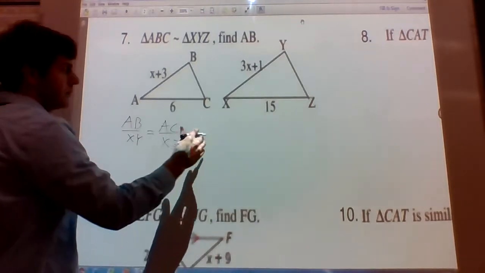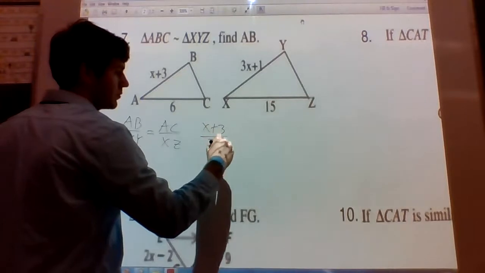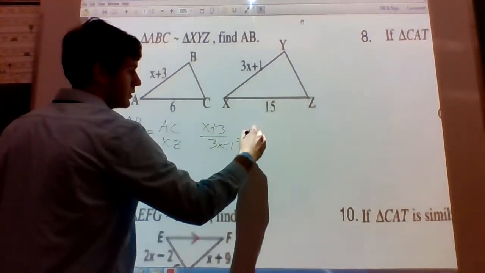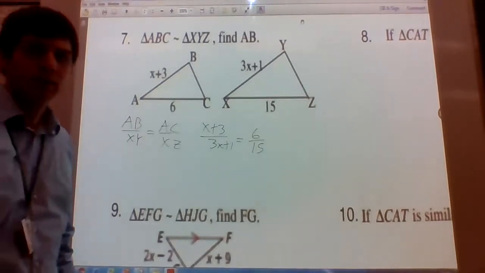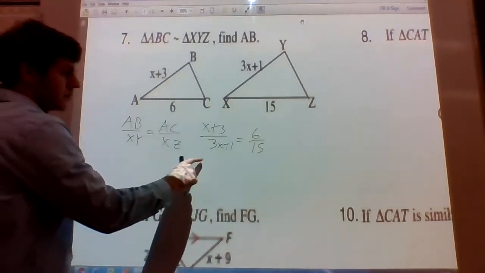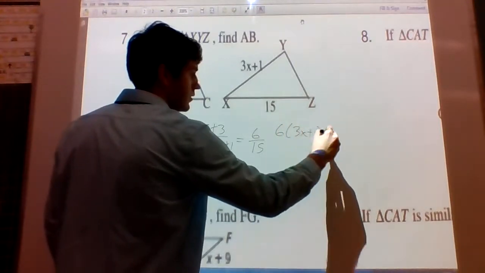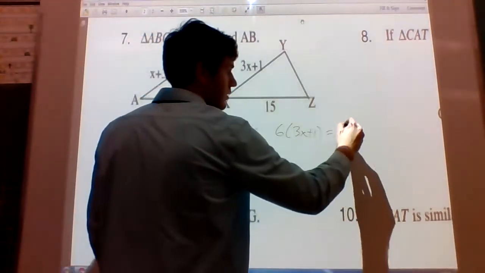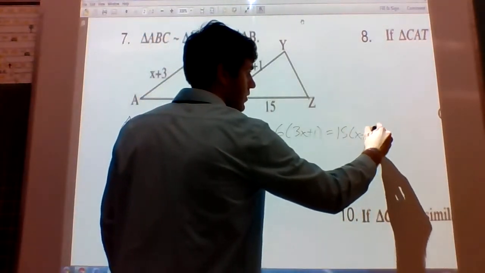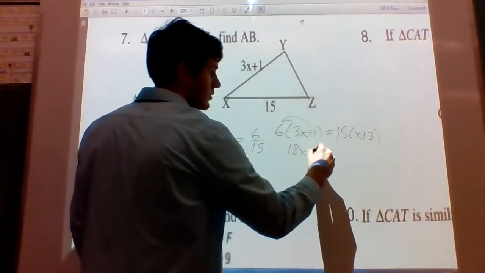So we're going to have x plus 3 over 3x plus 1 is going to equal 6 over 15. How do we solve a proportion? We have to cross multiply. So 6 times 3x plus 1 is going to equal 15 times x plus 3. Distribute, we get 18x plus 6.